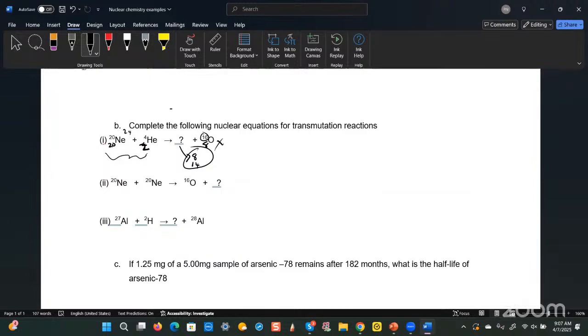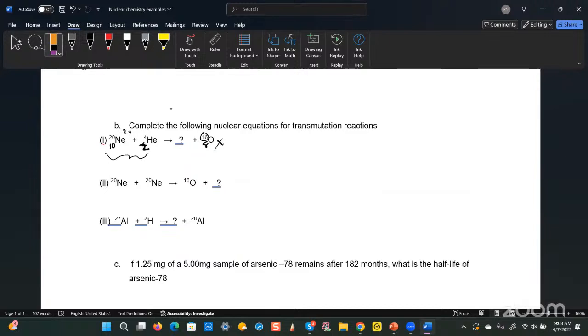What about the second one? Neon has an atomic number. Oh, I made a mistake. My bad, my bad. This should be 10. I just realized my mistake. I apologize for that. That should be 10. Okay, so let me erase this here.